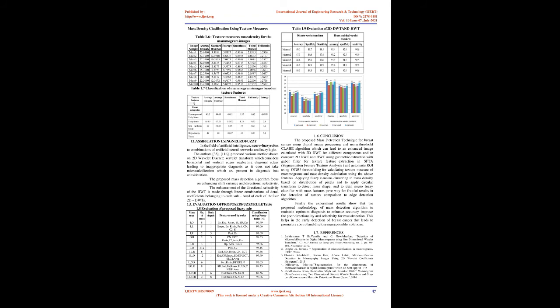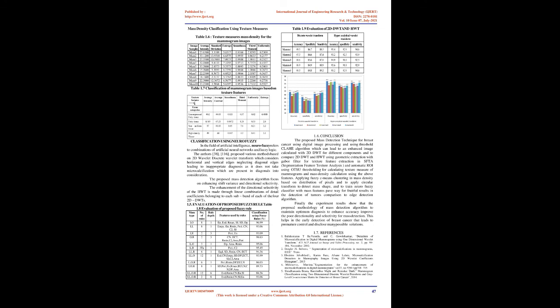Classification using neurofuzzy. In the field of artificial intelligence, neurofuzzy refers to combinations of artificial neural networks and fuzzy logic. The authors 38, 100, and 16 proposed various methods based on 2D discrete wavelet transform, which considers horizontal and vertical edges, neglecting diagonal edges, leading to inappropriate diagnosis as it does not take into consideration microcalcifications which are present in diagonals.